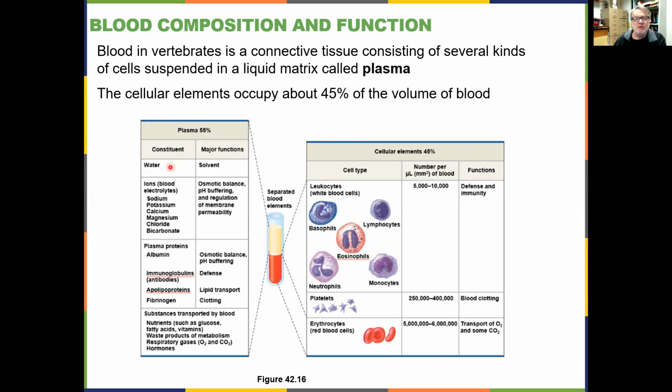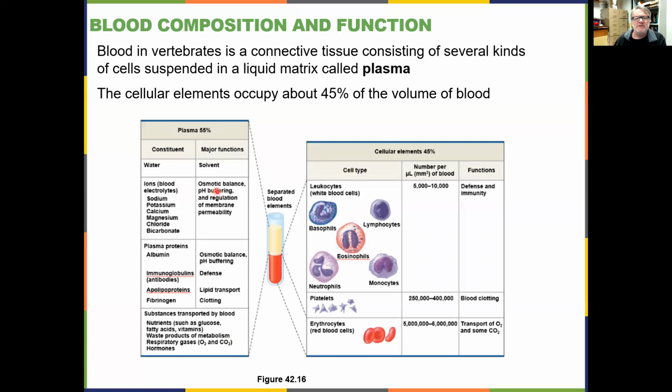So, the major constituent of plasma is actually water, which serves the function as a solvent. And embedded in the water are ions that are dissolved. We refer to these as the blood electrolytes: sodium, potassium, calcium, magnesium, chloride, bicarbonate. You might recognize these as being the minerals that we discussed in the section on nutrition.